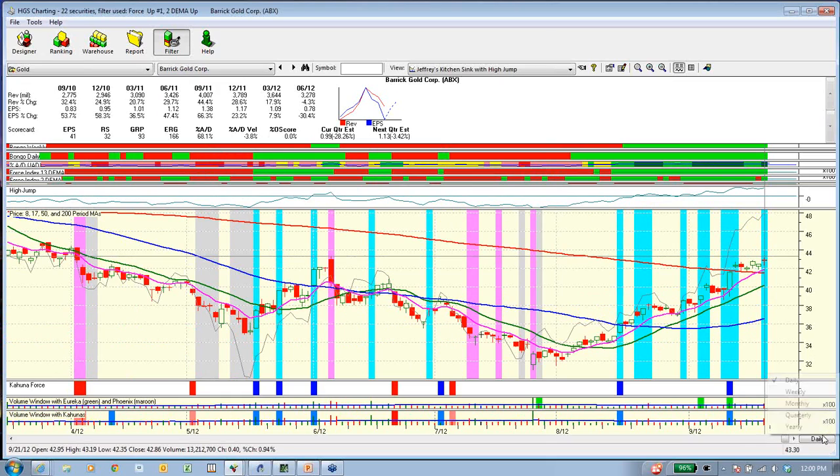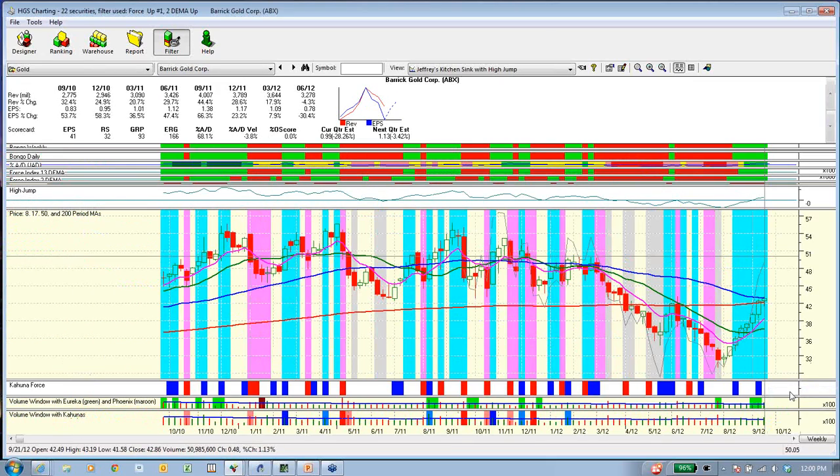Obviously, a similar pattern. If you look at this on a weekly, you'll see that this is a stock that had fallen pretty hard to get down below that 200-day moving average. But definitely there's been a change in the pattern of gold, and it will continue to be somewhat dependent, I believe, on what the dollar does, what QE3, what the Europeans do with the euro, and some of the craziness in Europe.